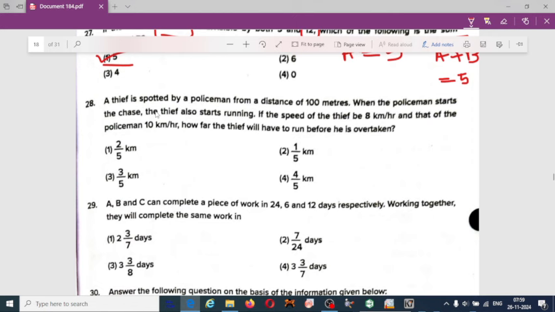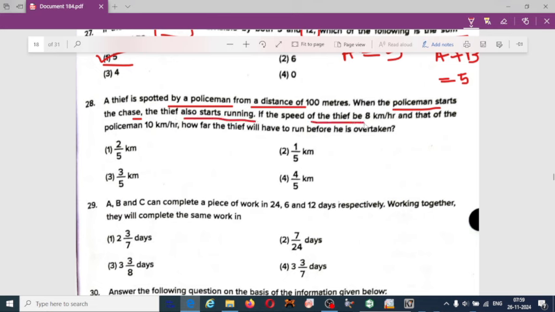So the next one: a thief is spotted by a policeman from a distance of 100 meters. When the policeman starts to chase, the thief also starts running.